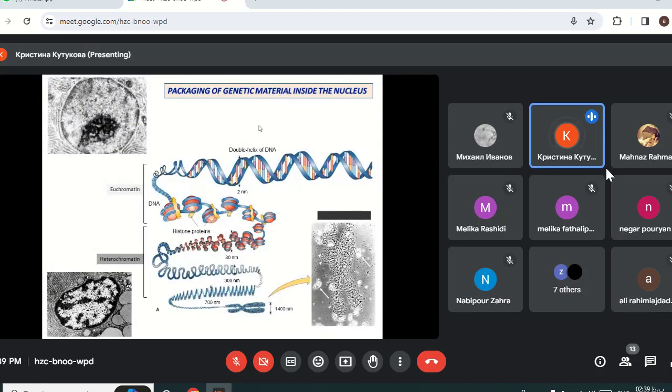So the genes which are active in these particular cells will be in the form of euchromatin, because they are ready to express these genes to proteins, and all other 99% of DNA will be in the form of heterochromatin.